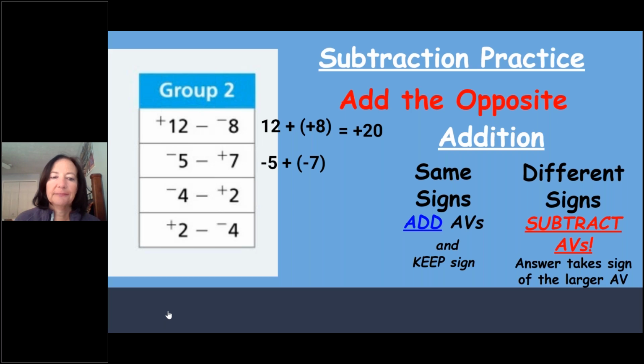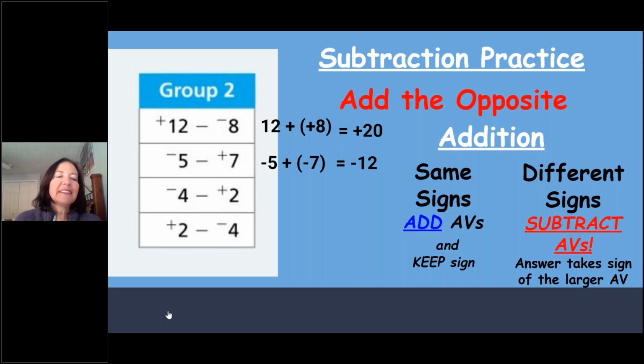A negative 14. You are really close. It is going to be a negative, but when we add the 5 and the 7, it doesn't equal 14. Negative 12.